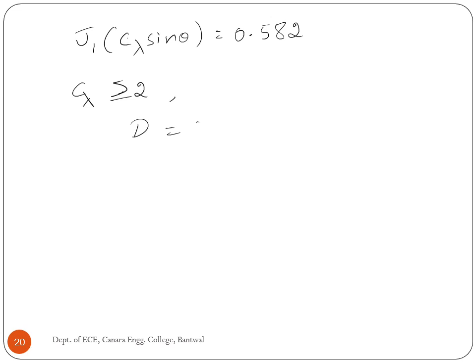The maximum value of J1 of C lambda sin theta is 0.582. Therefore, when C lambda is greater than or equal to 2, directivity is 0.68 C lambda.